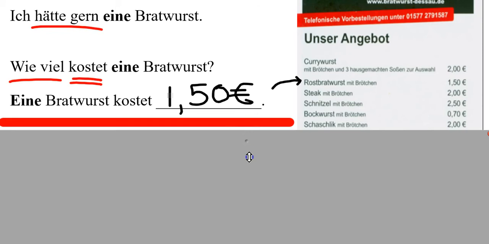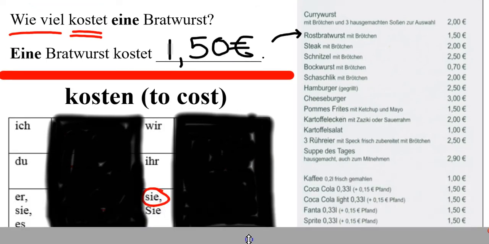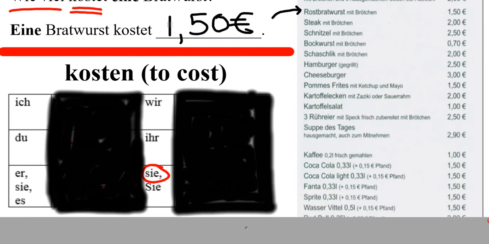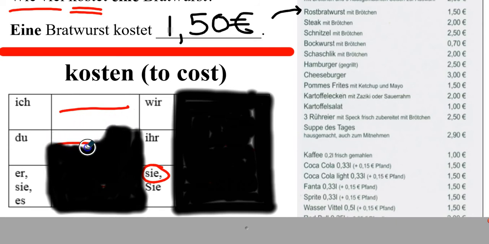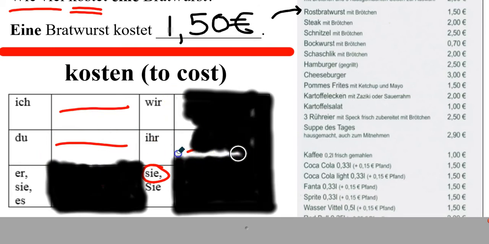Okay, so let's take a look at kosten, because it's an important verb to note. Because of the nature of the verb, you'll notice that you can't really have ich koste, like I cost, and you cost. Okay, we're not doing that. And we and y'all.